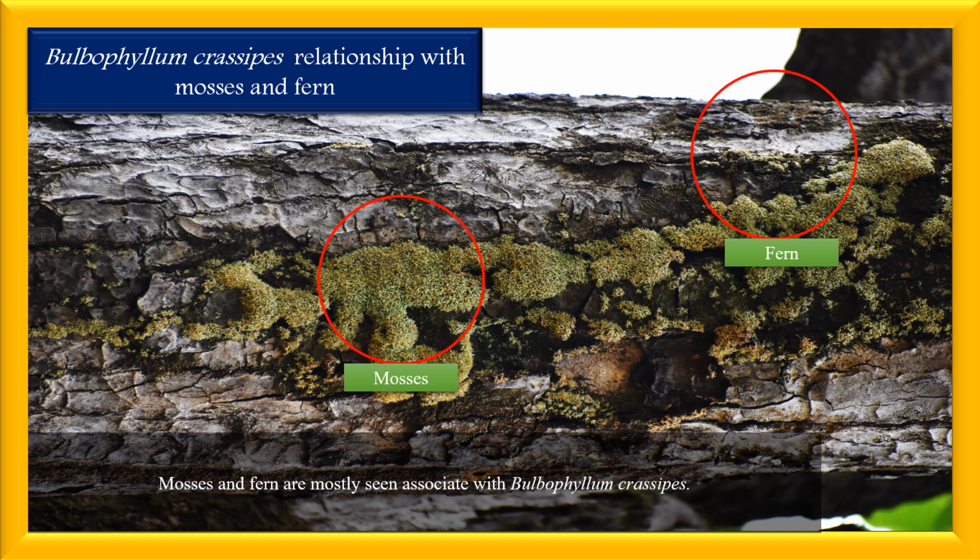Where there are mosses, there will always be this Bulbophyllum species. It also helps the orchid not to dry out.